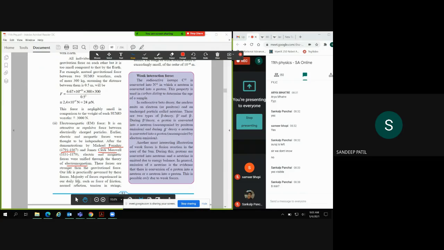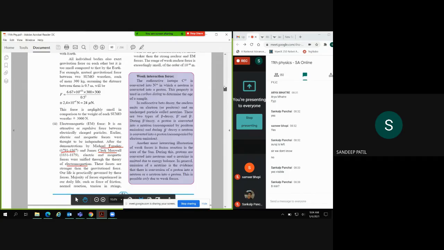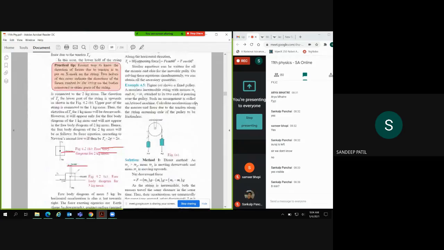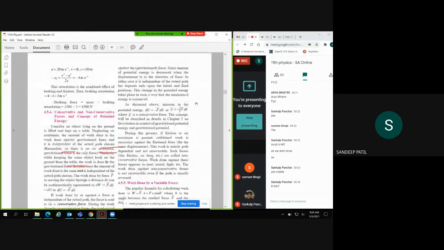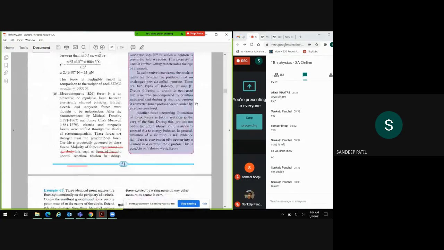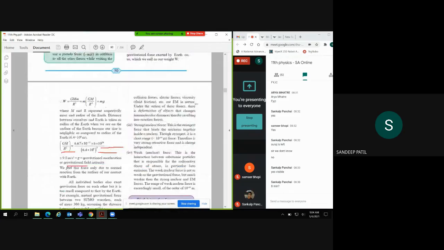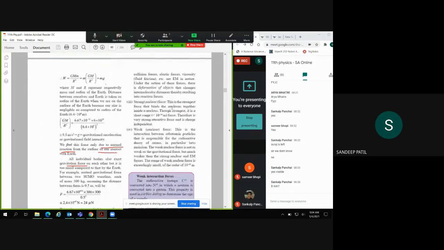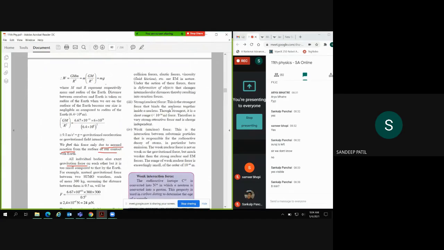Majority of forces experienced in our daily life, such as force of friction, normal reaction, tension in spring, everything you consider around us, like reaction force, spring and tension force. At first glance, you may think, oh, tension in spring is an electromagnetic force, this may not be right.